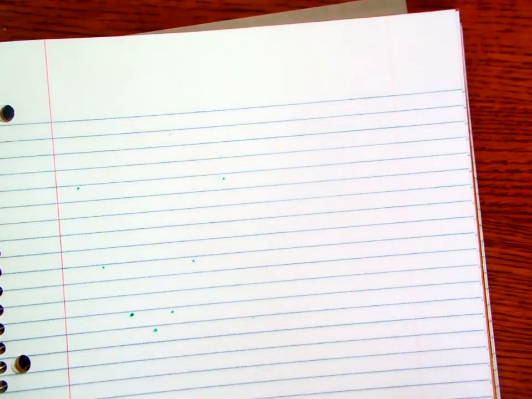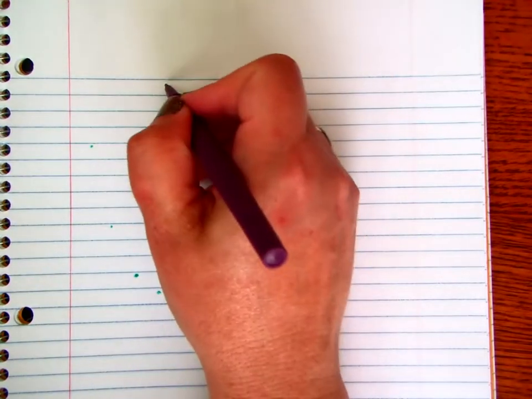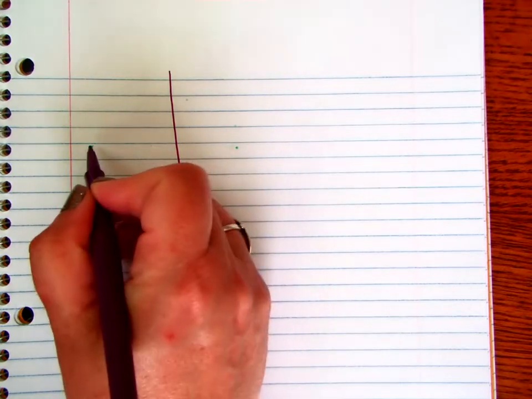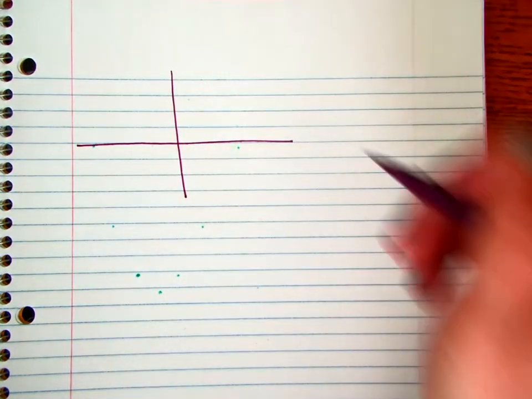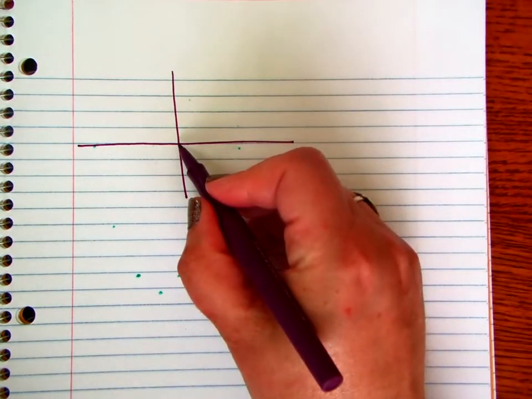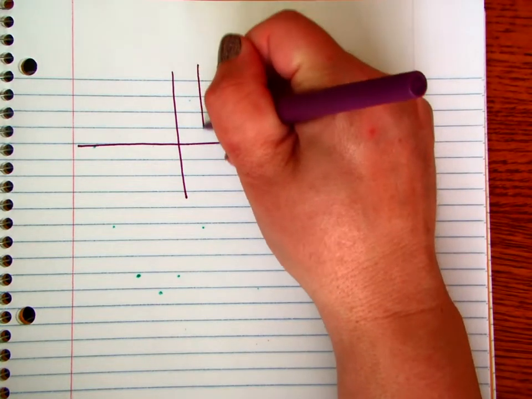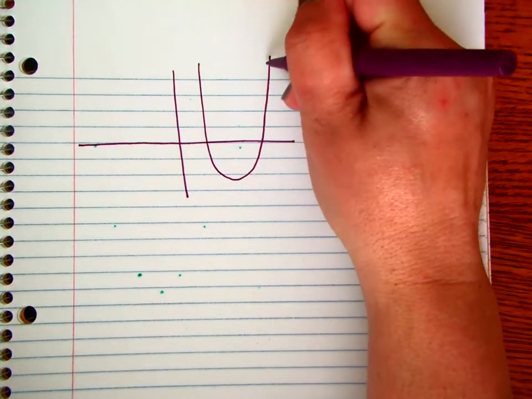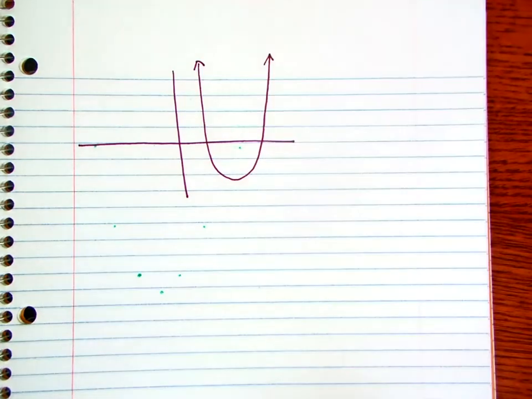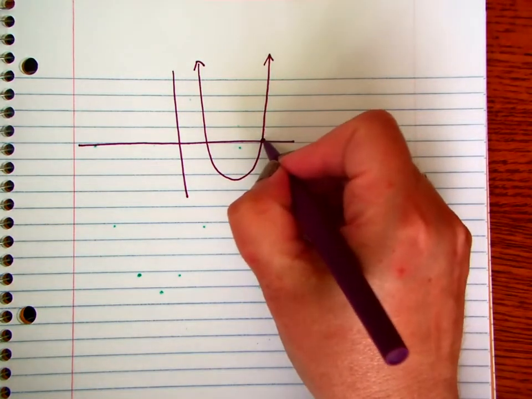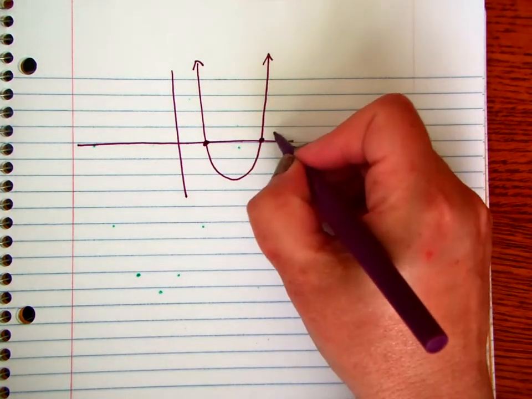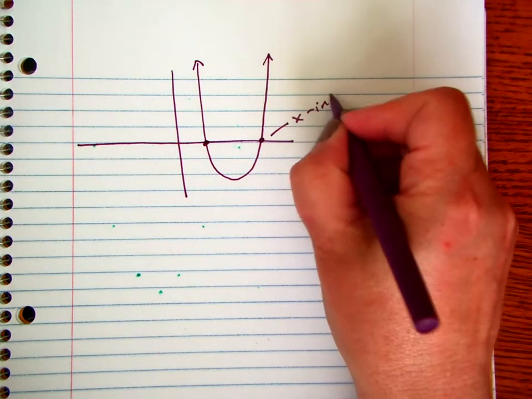Now really quickly, I'm going to show you some other points you might need to be aware of, depending on the type of quadratic graph you're looking at. I'm not going to give an equation for this one. It may be that it doesn't cross at 0, 0, so your parabola looks something like this. Here would be the x-intercepts.